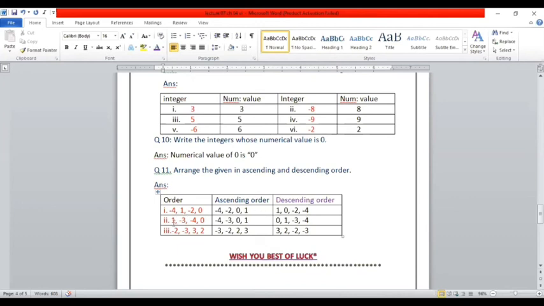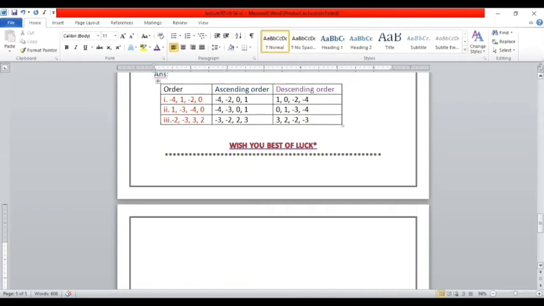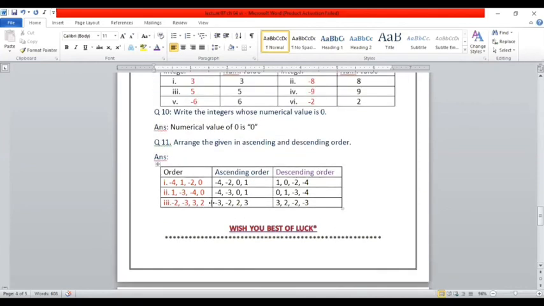So here in question number 2, we have 1, comma -3, comma -4, comma 0. Here the smallest value is -4, then -3, then 0, and in last 1. Dear students, we will write here smallest value -4, then -3, then 0, then 1.